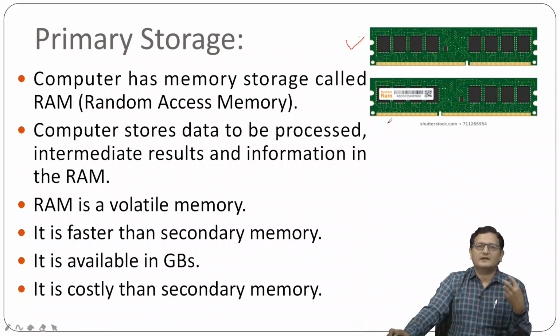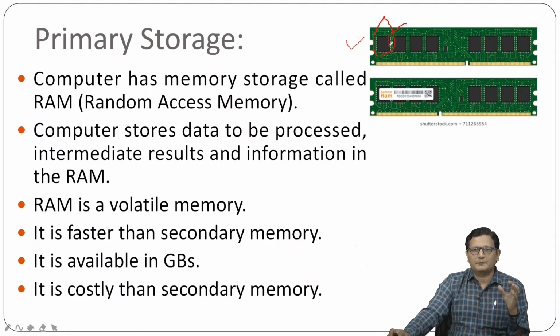Now see what the primary storage is. Here basically the primary storage is made from electronic circuits. Here you can see the black portion. This is the first black portion, right? And this is the second black portion, right?